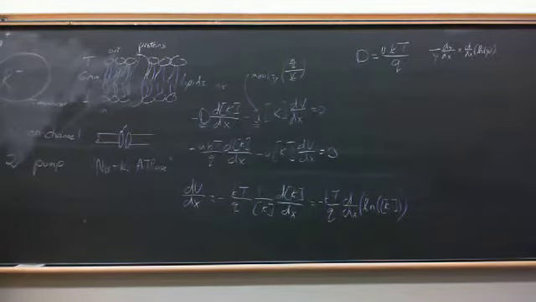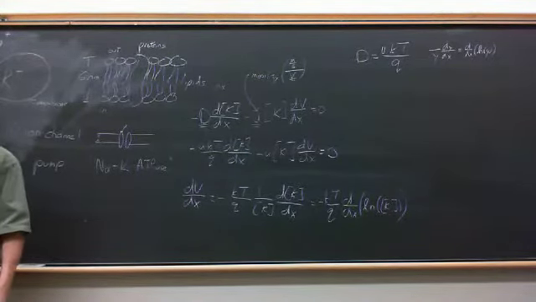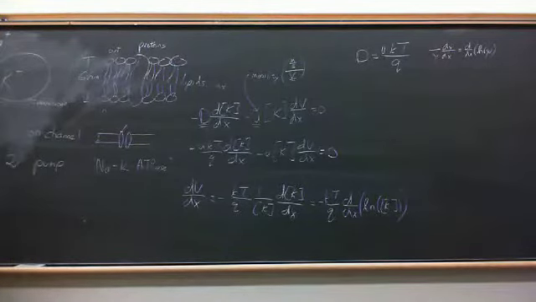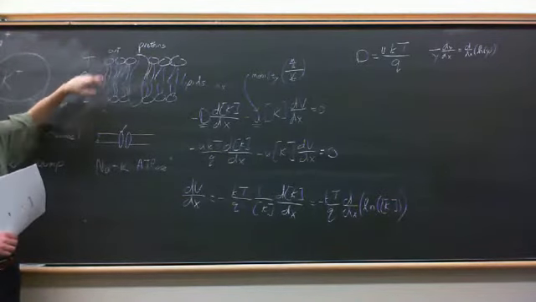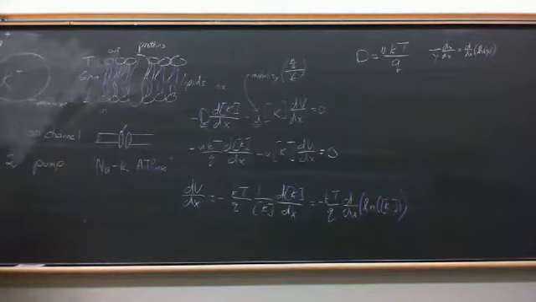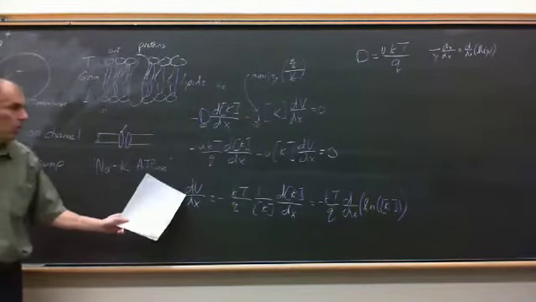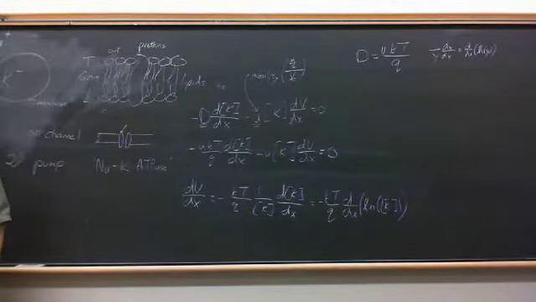Now, what we really want is to evaluate this across the membrane. We don't really care what's happening within the membrane. We want to find a relationship between the voltage difference across the membrane and the concentration gradient across the membrane. So let's integrate this differential equation across the cell membrane.